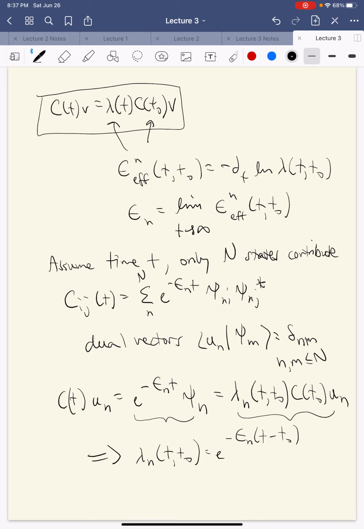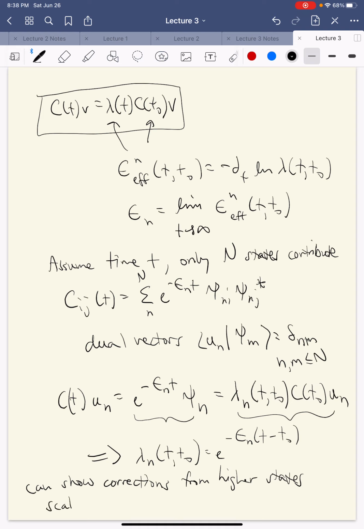Okay, and then the final thing that I wanted to say, and I want to give you a reference for this so that you can read where this is shown, but the corrections from the higher states, so by higher I mean larger than the big N that I assumed contributed, right? Because only at infinite time can you ever say that only a single state contributes, and that's always a ground state, unless you have exact orthogonalization.